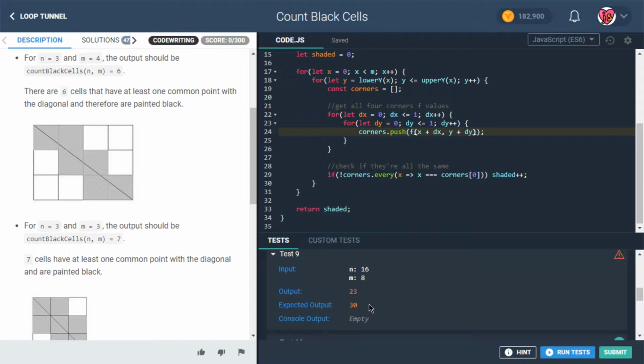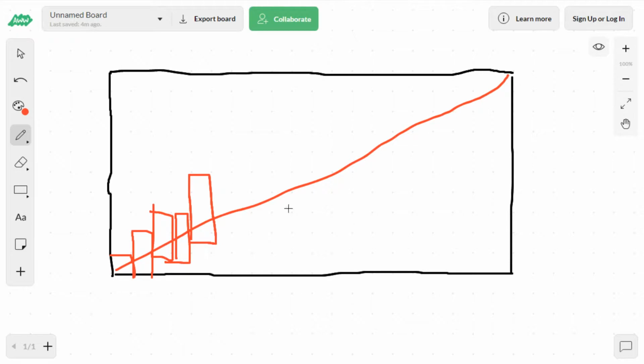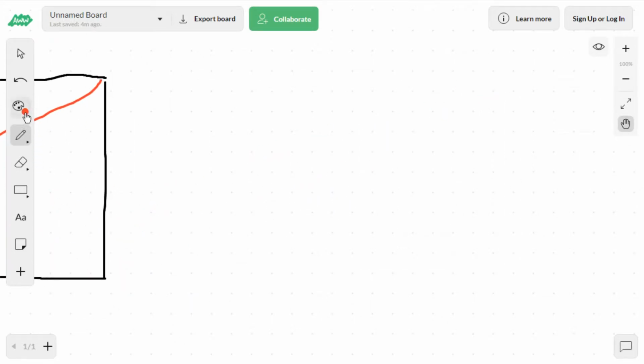Oh, okay. Yes, I think I see the issue. It's not going high or low enough, okay? So in this case, instead of like this, it would be rotated. So we're talking about a tall long, okay?